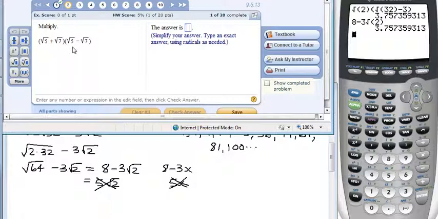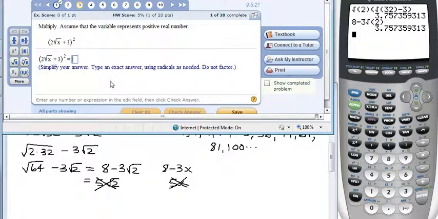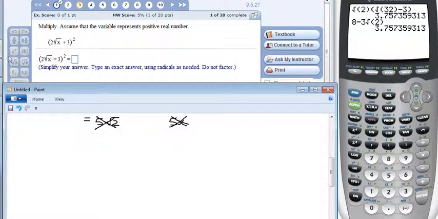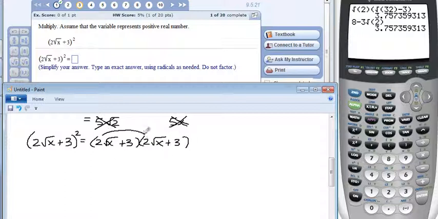And just use all your rules of simplification. All right, maybe we'll do this one because it's just slightly different, not too different. Remember, whenever we have the square here, that means that we have two of them. So this is a foiling problem. Okay, so we're going to do the first terms first.